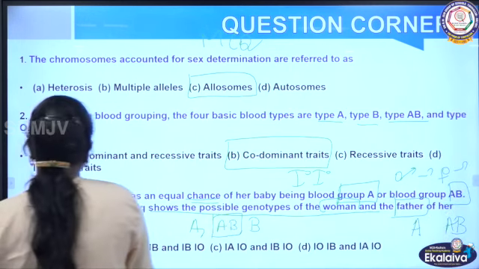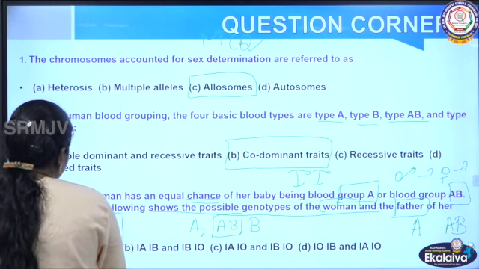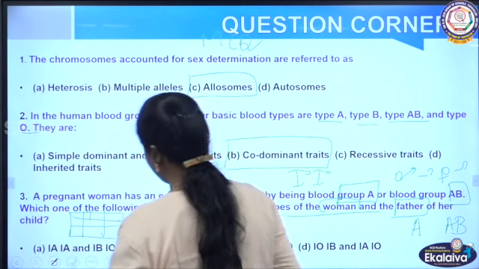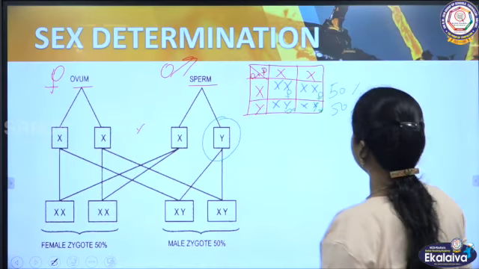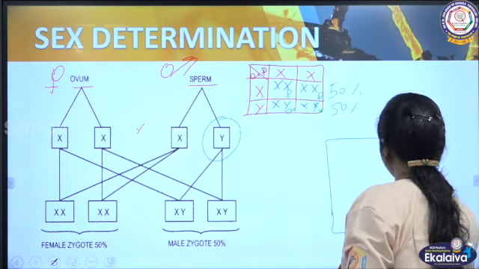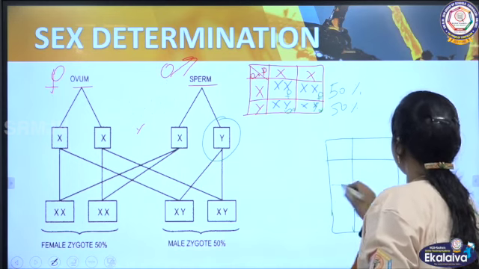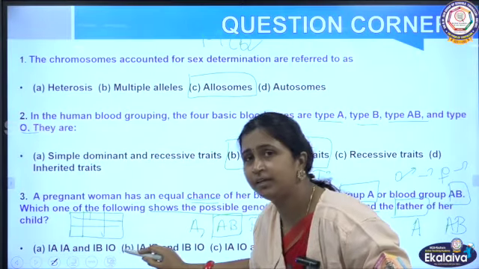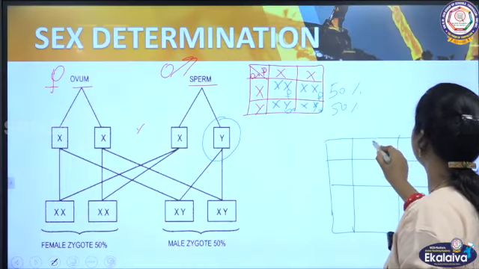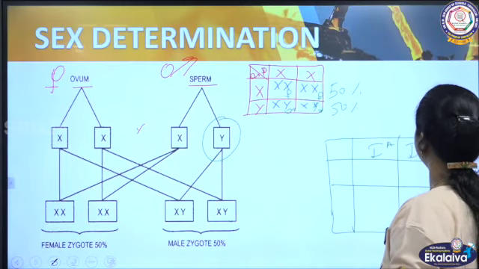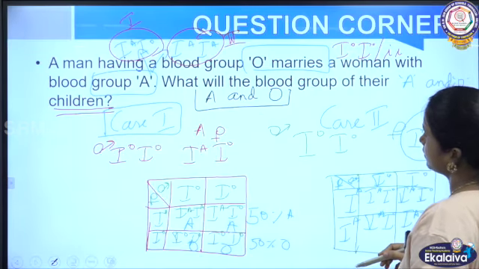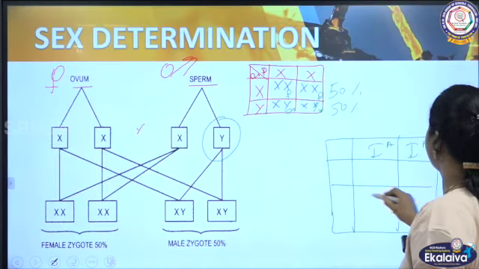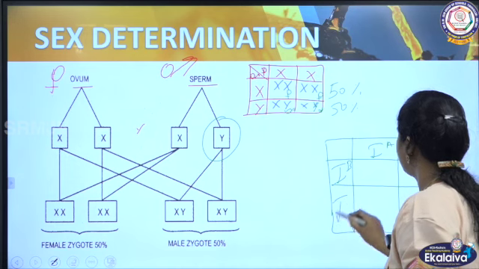Now we will take a small checkerboard. First we'll do the first option. The first option is I^A I^B and I^O.